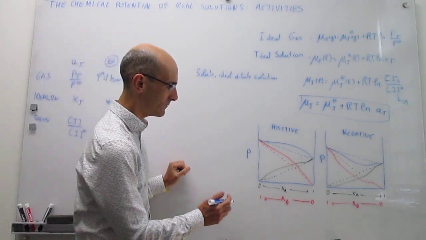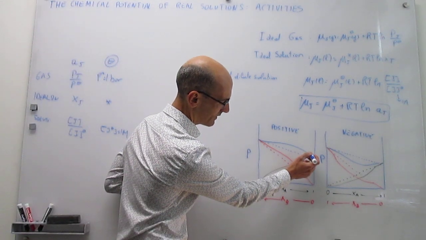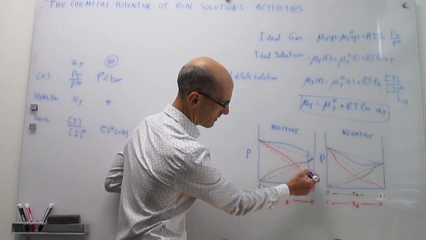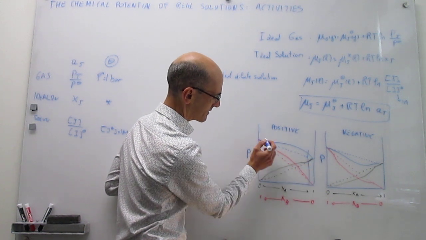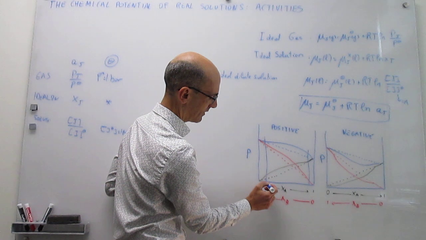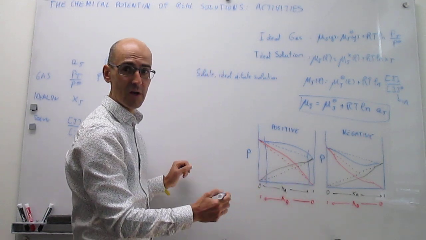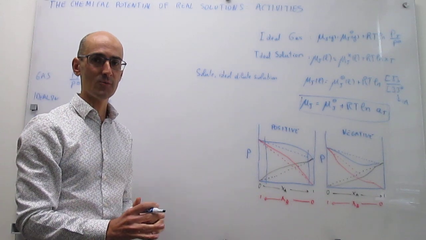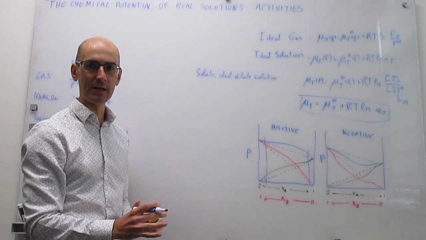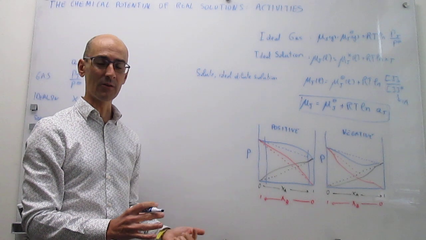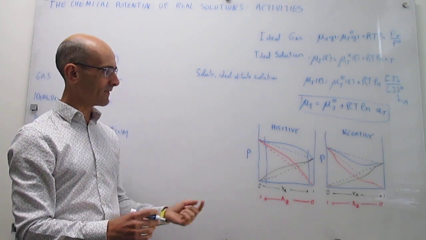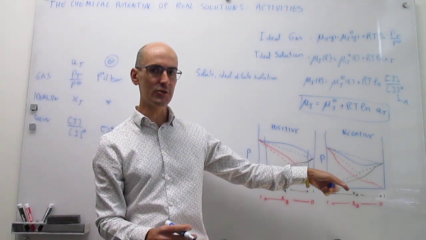If you take a look at this one, we have that ideal dilute solution would be maybe from here to high concentrations, and maybe from here to lower concentrations of A, but in the middle we don't have a way to actually figure out how to write those chemical potentials, which is most of the concentration range, right? And the same thing will happen with the negative deviation.